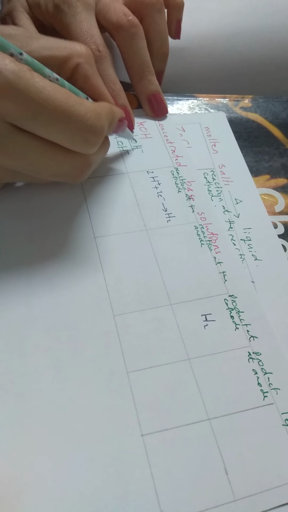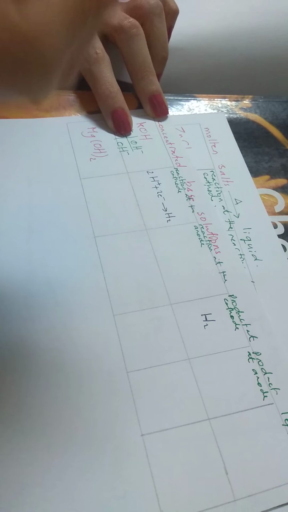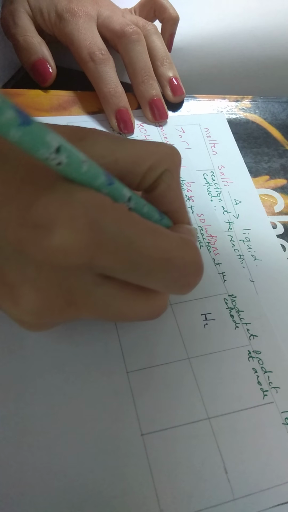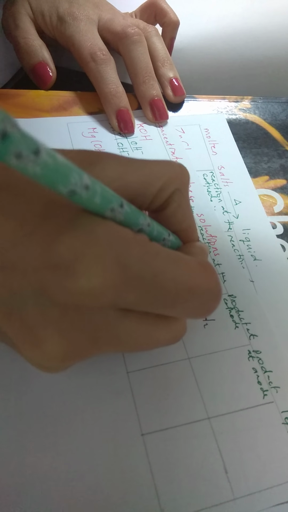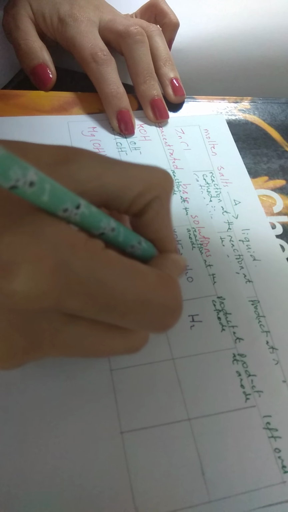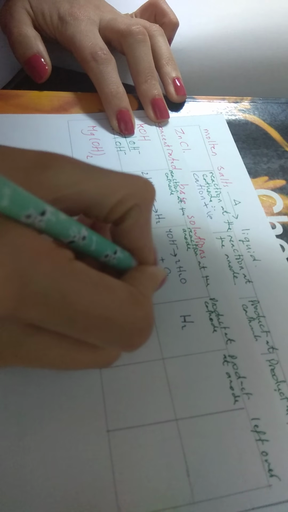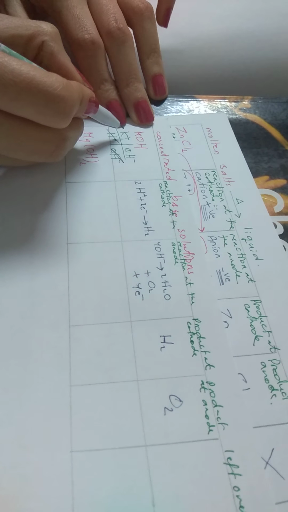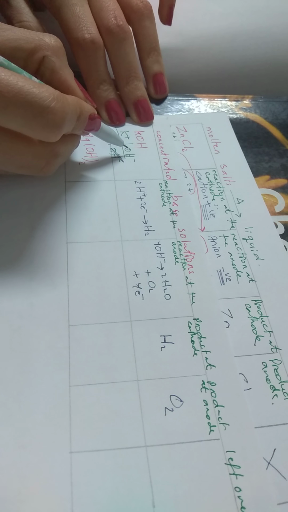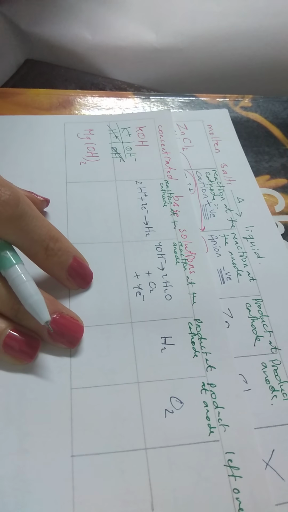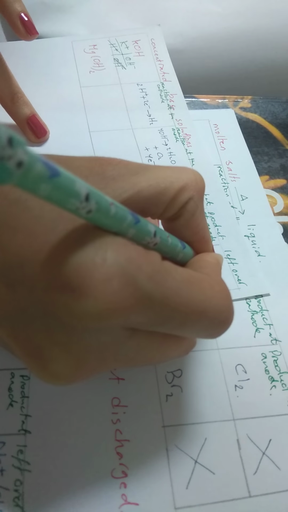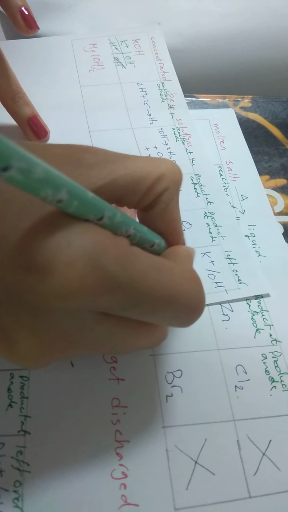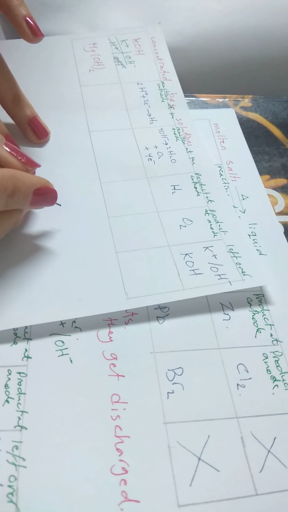At the anode, both are the OH minus, so the OH minus will be oxidized to give H2O plus O2 plus 4 electrons. So the product at the anode is O2. The leftover, the K plus and the OH minus that did not react, any ion that did not react is left over. So K plus and OH minus will react to give KOH.